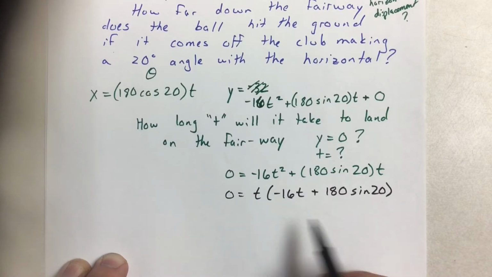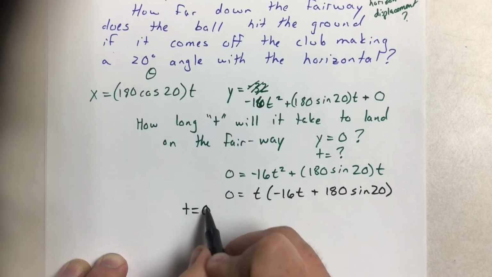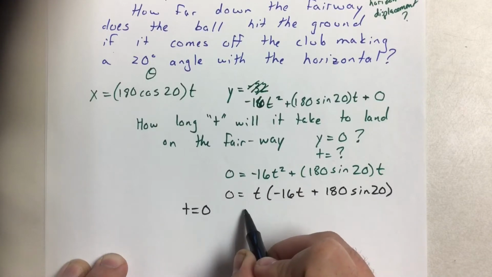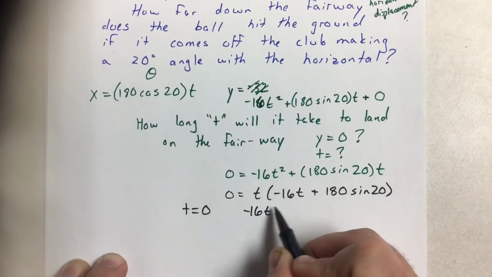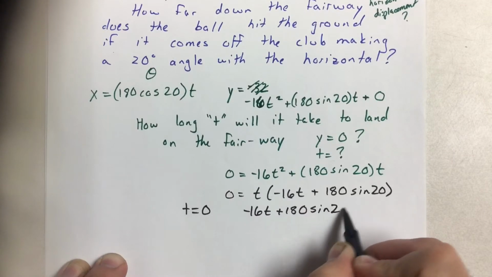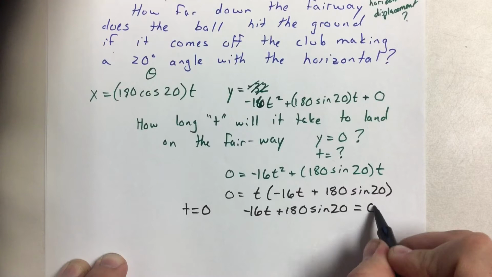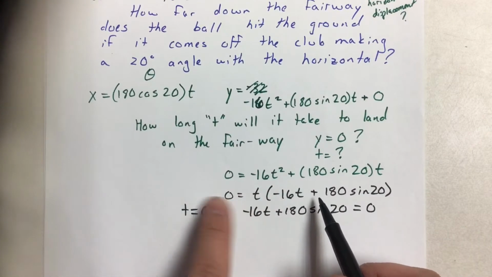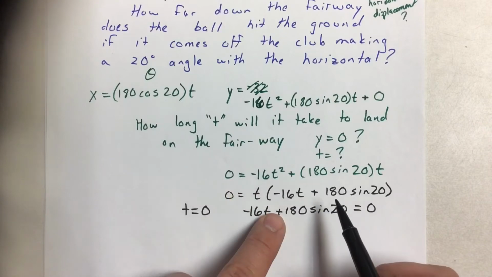In solving this, we get t equal to 0, which makes sense. It's a height of 0 at the beginning. And then we want negative 16t plus 180 sine 20 equal to 0. I'm just using the idea that I have two factors equaling 0, so I set each factor equal to 0.